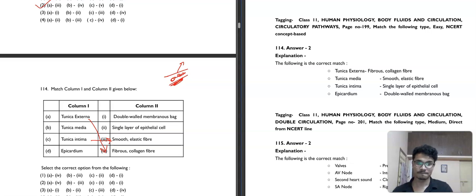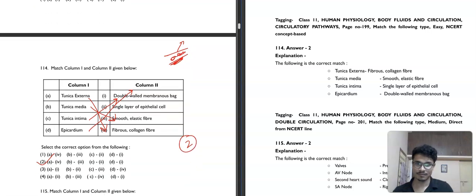Tunica media is smooth elastic fiber. Tunica intima is a single layer of epithelial cells. Epicardium is found in the heart, not in blood vessels. It is a double walled membranous bag. So the second option will be our correct answer.